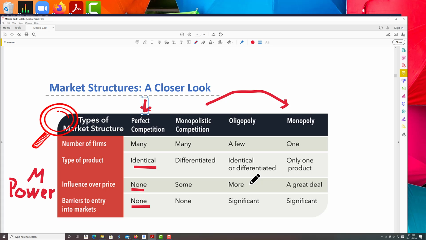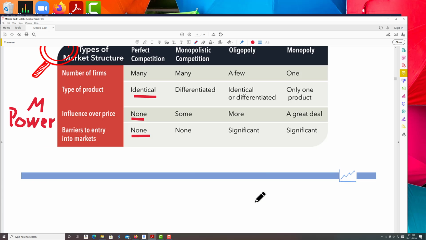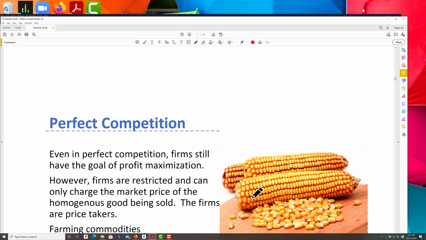So you have to keep an eye constantly on the pricing behavior of their rivals. Are there entry barriers in oligopolistic market? There are some, and that explains why there are only a few firms in such a market. So let's begin with a perfectly competitive firm.